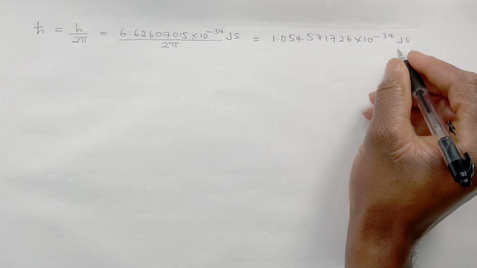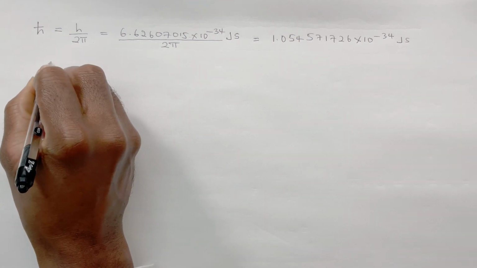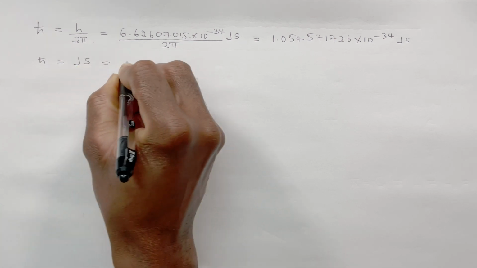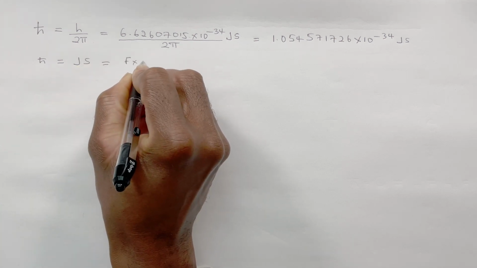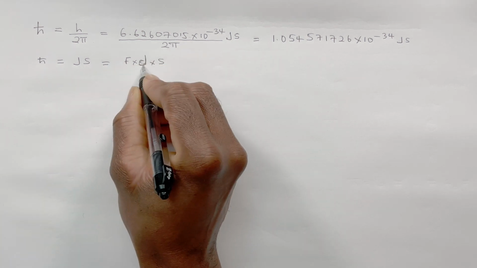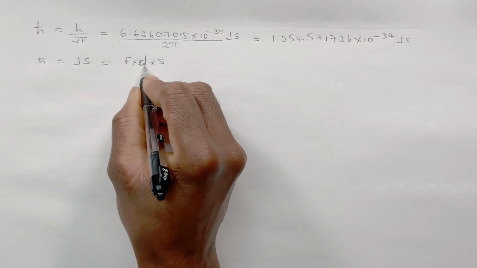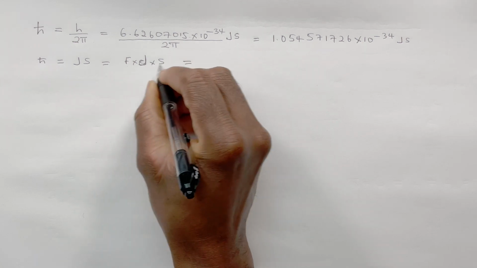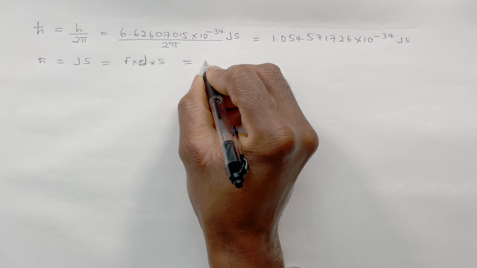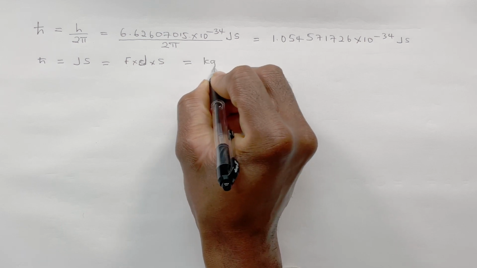So we need to look at the units. The unit for h bar will be joules seconds, and joules is energy, force times distance, and then times the seconds. The unit for force is newtons. Newtons is mass times acceleration, and mass is in kilogram.